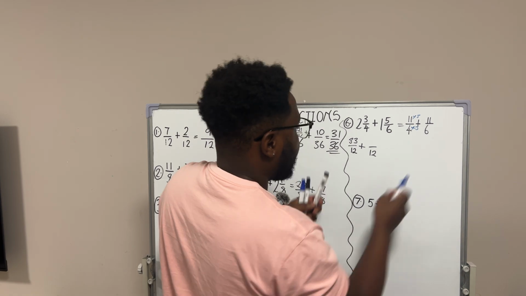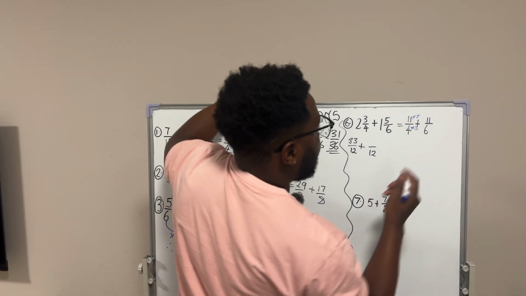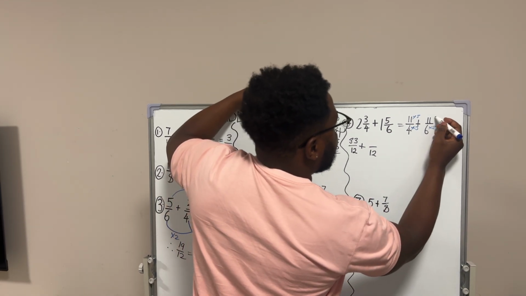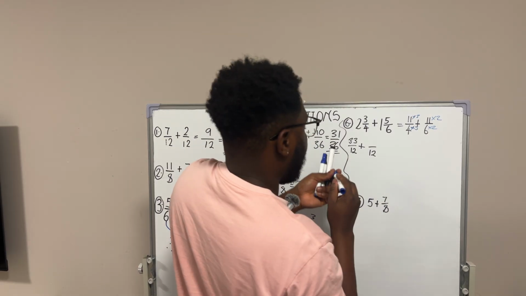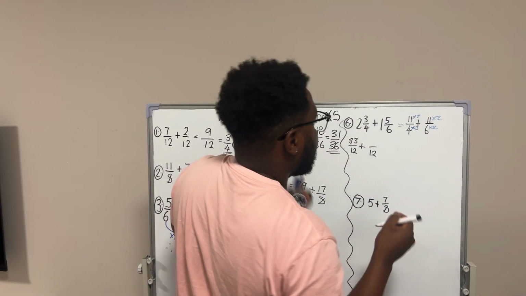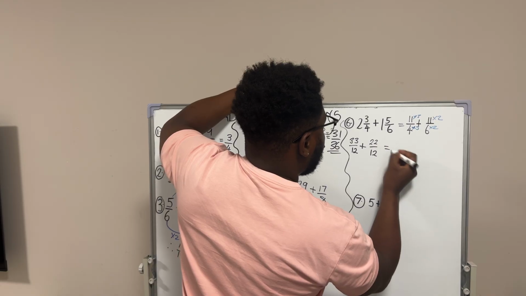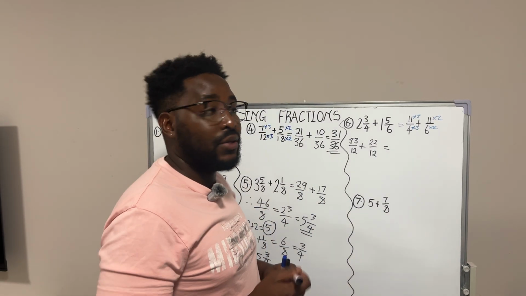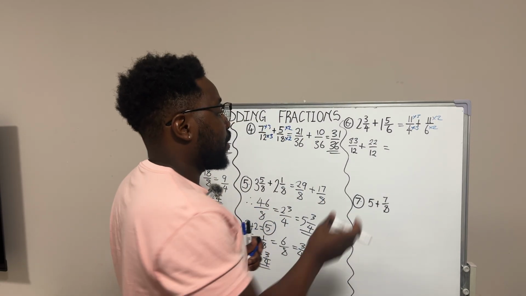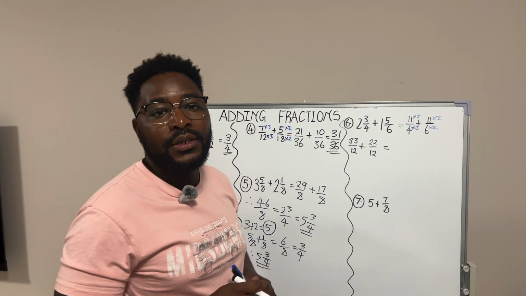Then, how did we get from 6 to 12? We multiplied by 2, so we do the same with the numerator. 11 multiplied by 2 gives us 22.